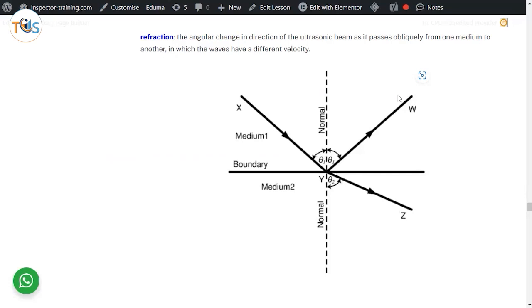That's Snell's law: whatever goes through the second medium goes at a different angle, and Snell's law says that the velocity of sound changes in a ratio of the sine of this angle, theta 1, to the sine of theta 2.